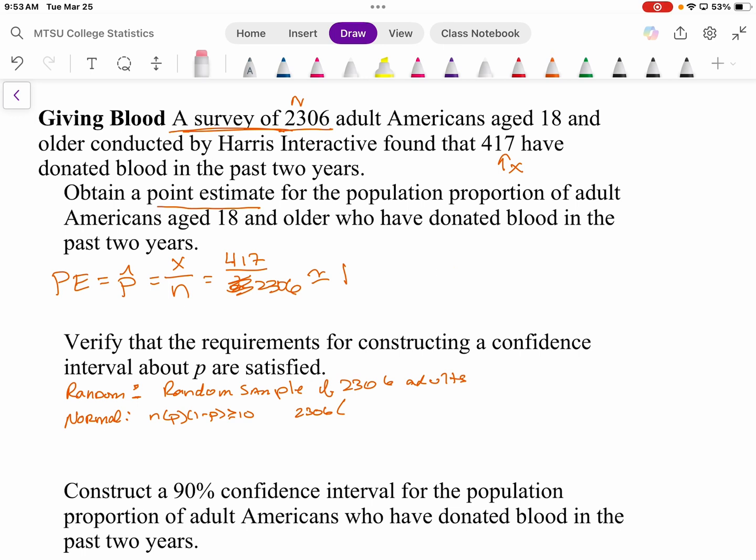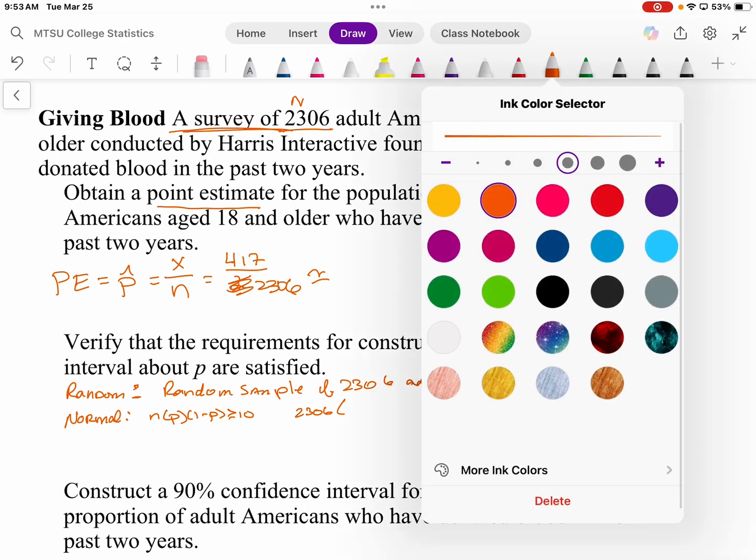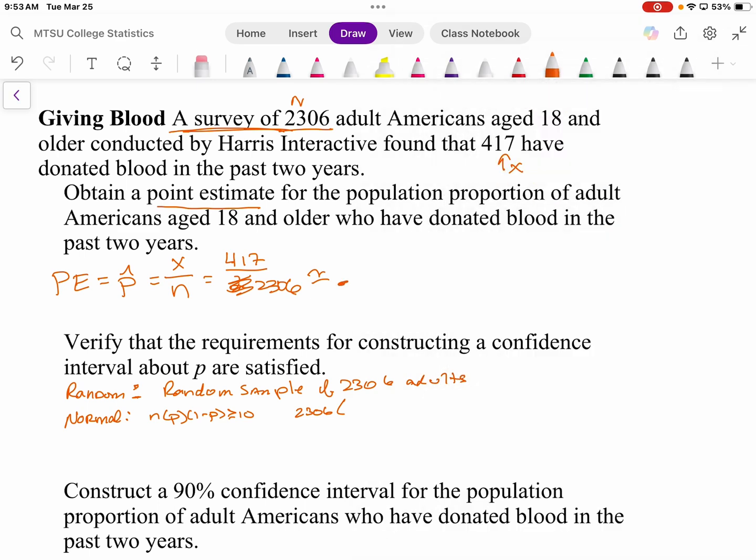So I need to change this. Go back and say 417 divided by 2306. Hey, that's a lot better. Come on, pen. There we go. 0.1808. And then I need to do 1 minus that.